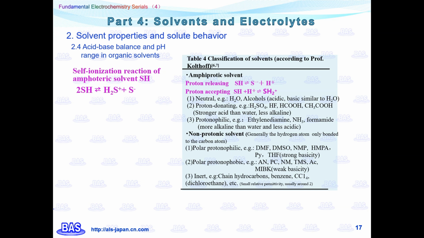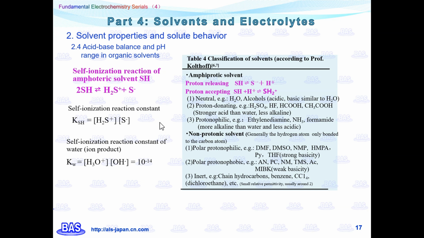The self-ionization constant of water at 25 degrees, that is, the ion product of water, is 10 to the minus 14 power, and the pH range that can be used for measurement is 0 to 14, roughly. Also, according to the Ksh value obtained above, the measurable pH range of various solvents is shown in Fig. 6.